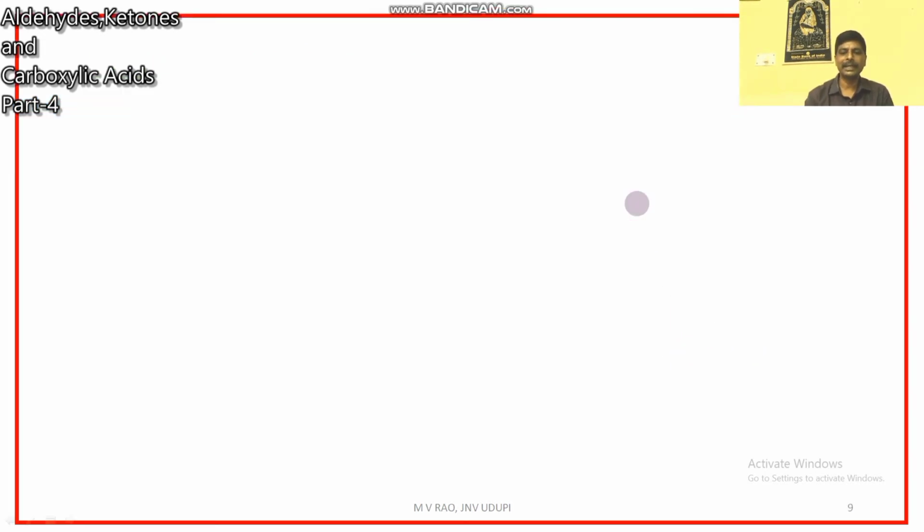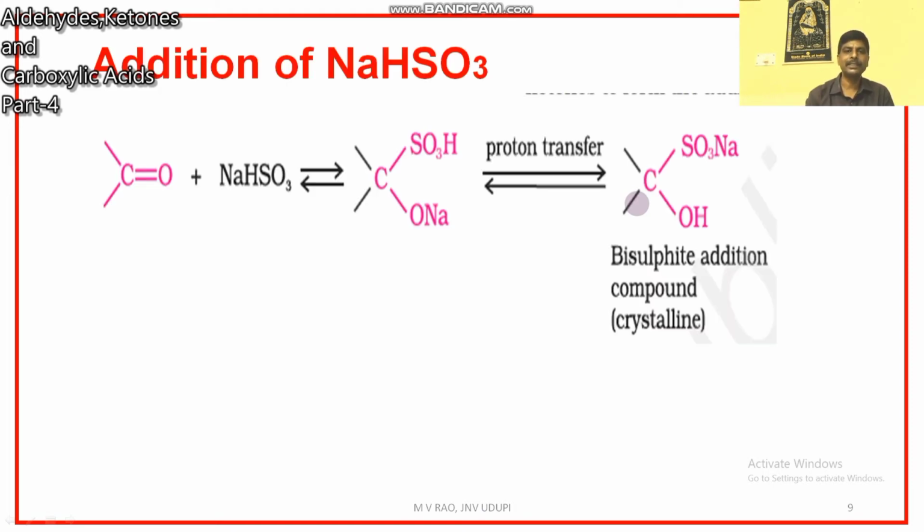But you see the mechanism of this one. Mechanism of addition of sodium bisulfite to the carbonyl group. This is the carbonyl group, delta plus, delta minus. Then what is the positive? Actually Na plus. This is total negative.